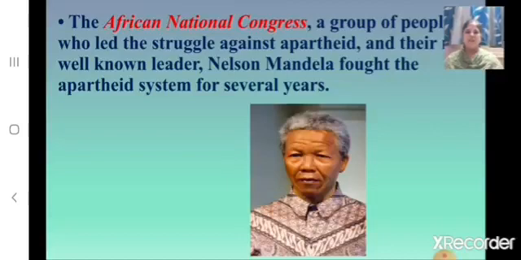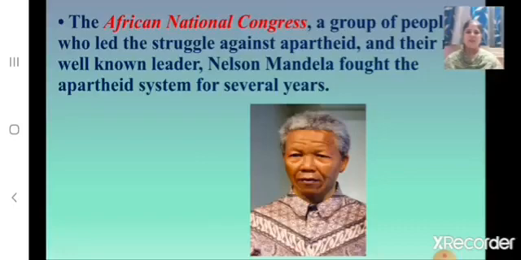And the African National Congress, that is ANC, what was that? It was a group of people who led the struggle against apartheid, and their most well-known leader was Nelson Mandela.